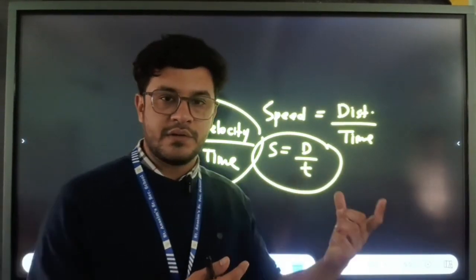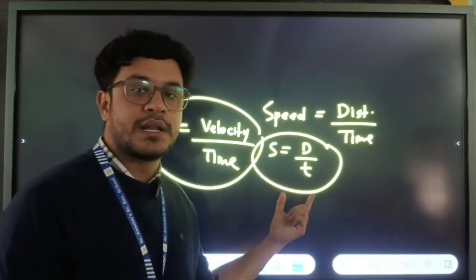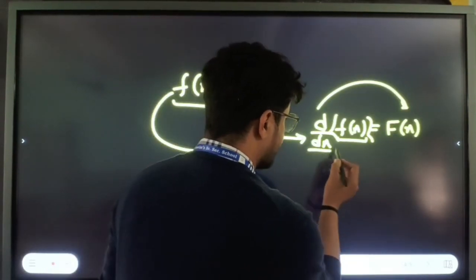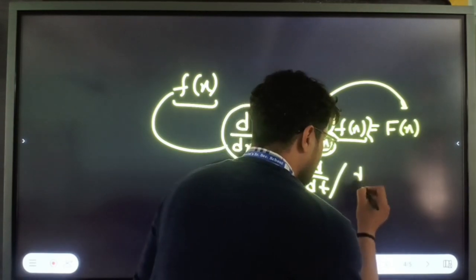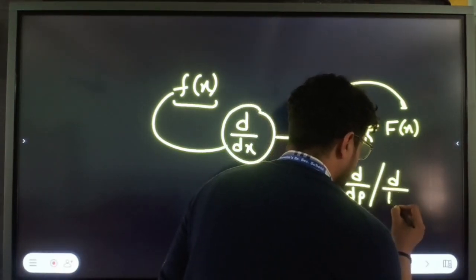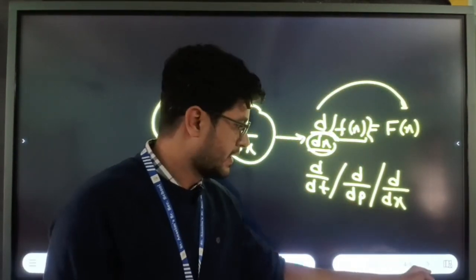A derivative is a physical quantity which changes with respect to time or another function. As I said earlier, it can be d by dt, it can be d by dp, it can be d by dx, depending on that physical quantity.